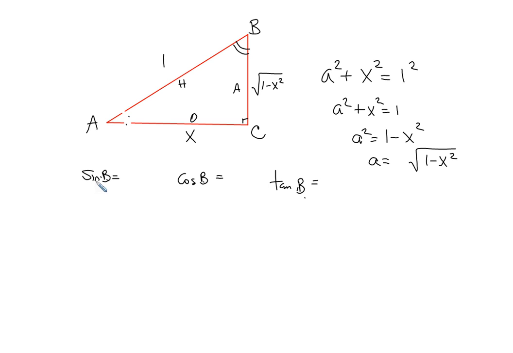Now, what would sine of b be equal to? X over 1, which is just x. What would cosine of b be? Square root of 1 minus x squared over 1, which is just equal to the square root of 1 minus x squared. What would tangent of b be?